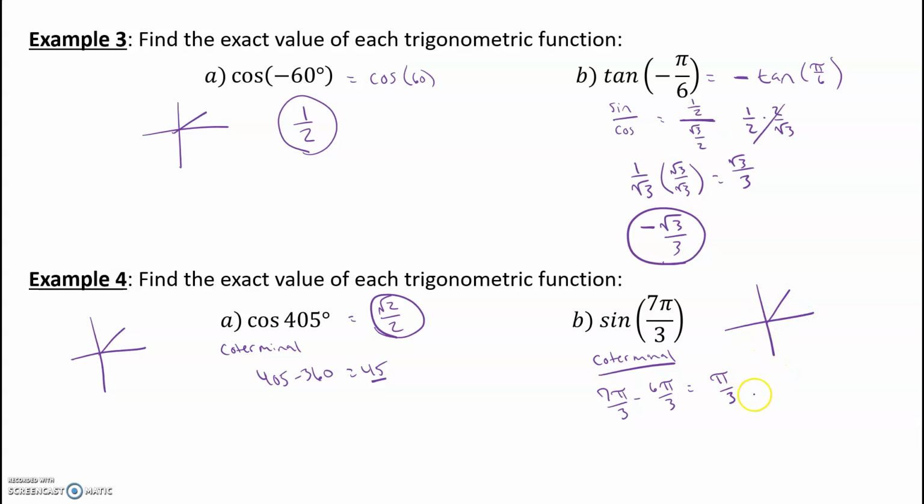So we lucked out here. All we need to do is find the sine of pi over 3 and we're done. Because we're in the first quadrant, everything's positive. So the sine of pi over 3 is going to be square root of 3 over 2. Again, I'm looking at my hand right now. And we know it's positive, it's in the first quadrant, so we're done.